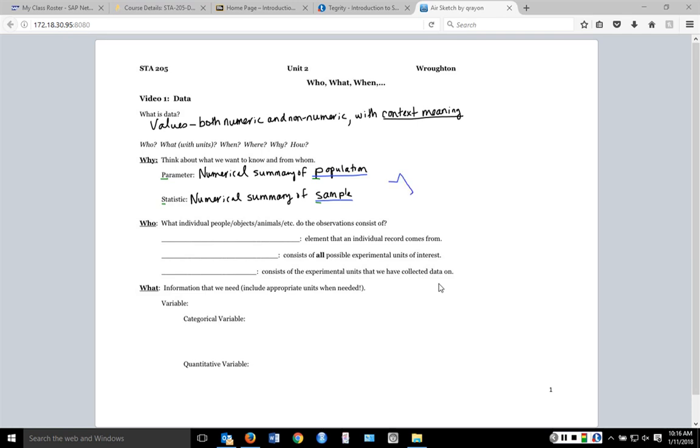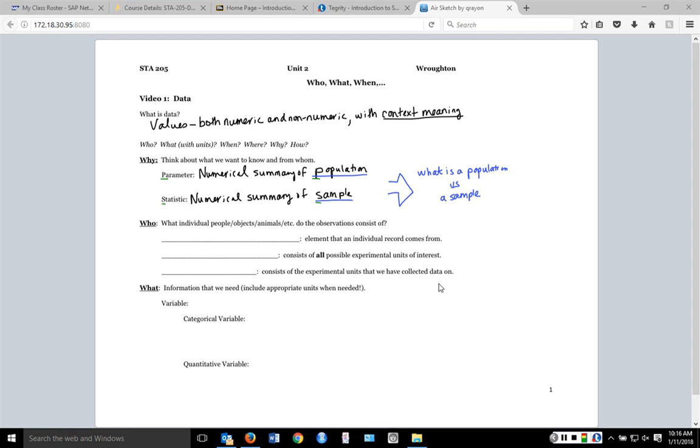So then, of course, what is a population versus a sample? To understand that, we're going to go down here to who we are talking about. What information from who do we want to get these observations?